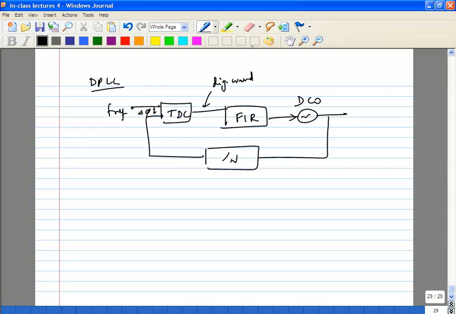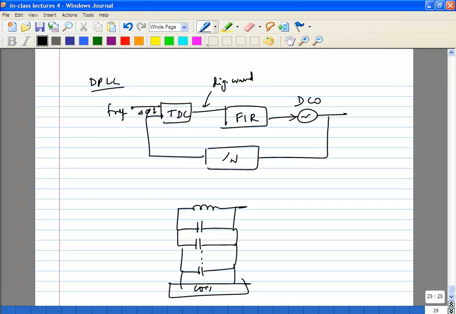How do you implement this? It's actually fairly simple. Let's say it looks like this. You're just going to have a bunch of capacitor banks, and the resolution of this capacitor bank is going to be low enough such that you can effectively tune in frequency.